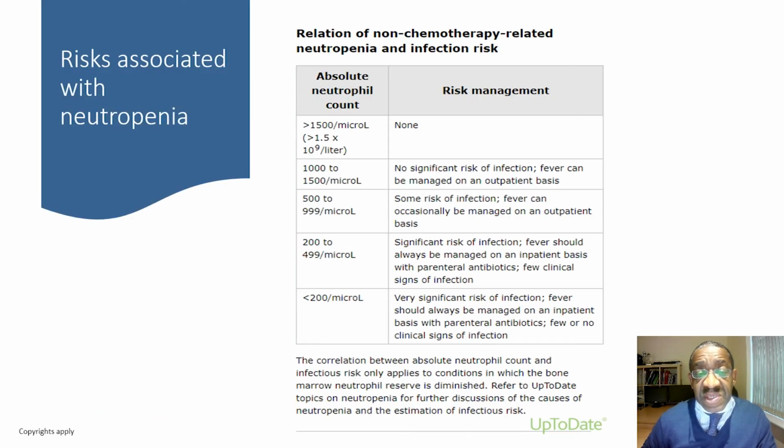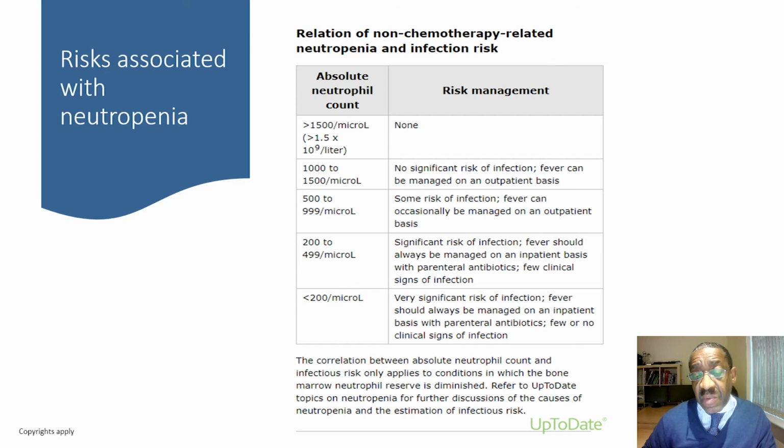As mentioned before, we divide neutropenia into mild, moderate, and severe, and this just represents the risk of infection with neutropenia. When the neutrophil counts are greater than 1, the risk of infection is fairly mild, but once the neutrophil counts fall to less than 500, then the risk of significant infection is high, and most patients will need an inpatient admission with parenteral antibiotics.